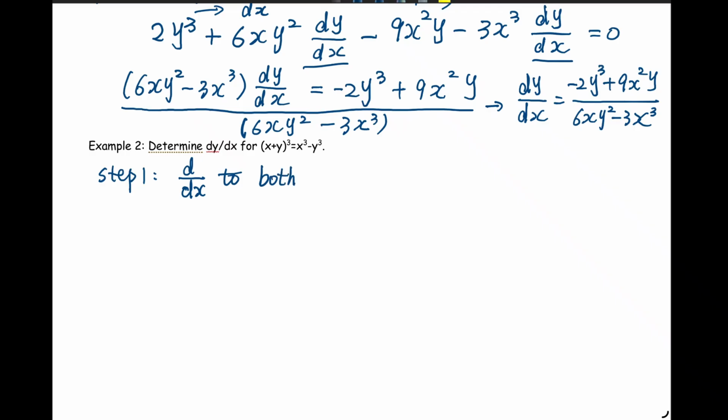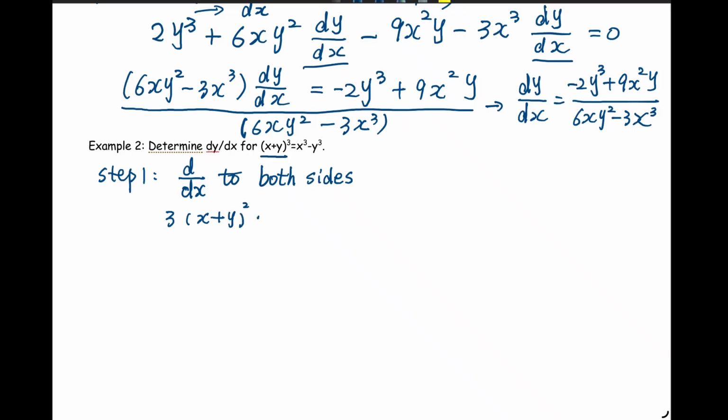If you see the y, then we are going to write dy by dx because y is a function of x. So on the left side, we have a base to the power, so we do the power first. So it will be 3, then the power minus 1 is 2.